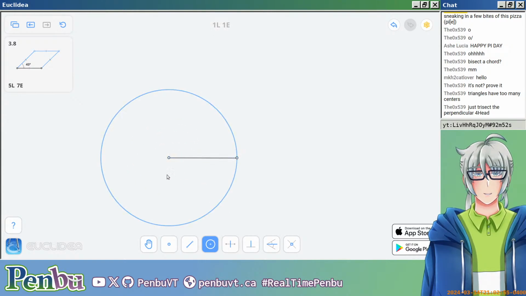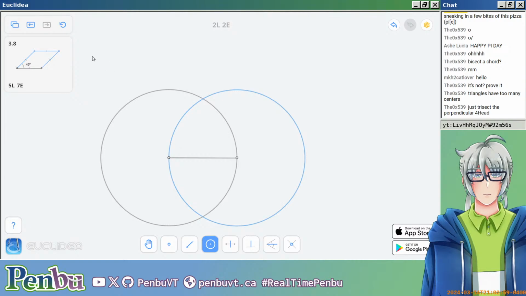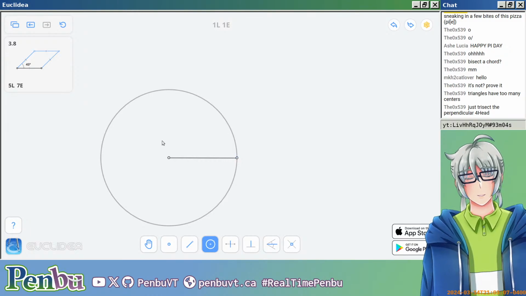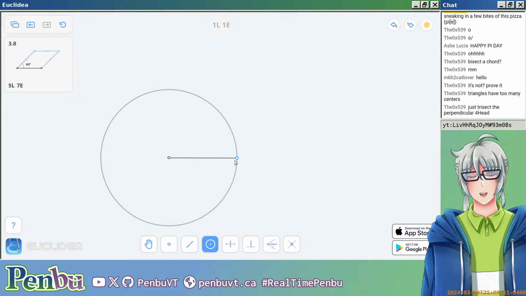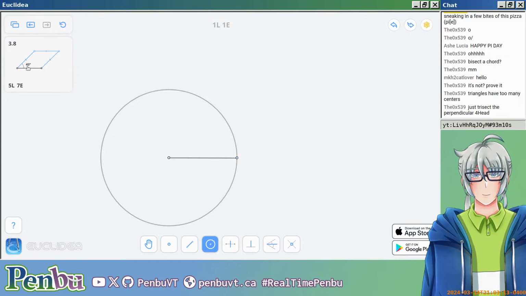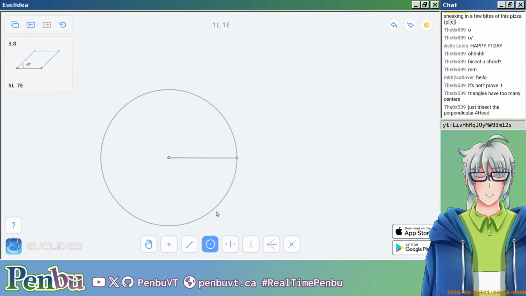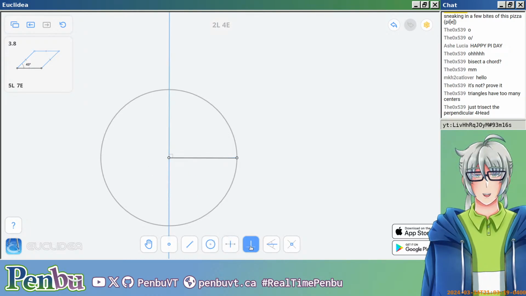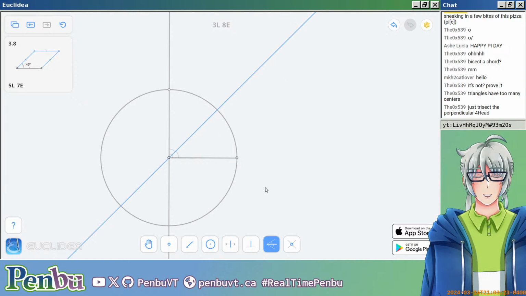Which means if we construct a circle, not that way. If we construct a circle, then we can double this angle and get the other one. Except we don't have an angle. Oh, but we do want an angle of 45 degrees, which means we can draw the perpendicular here and bisect this angle to get to 45.